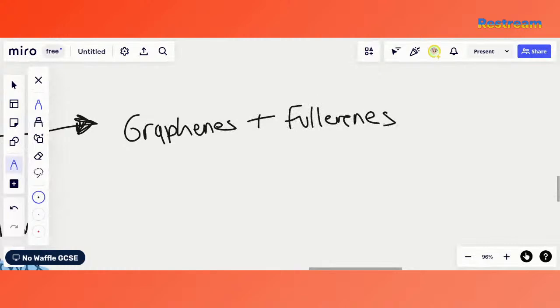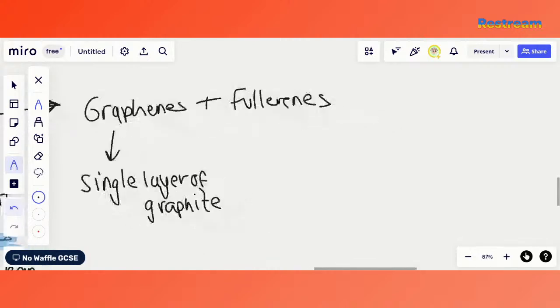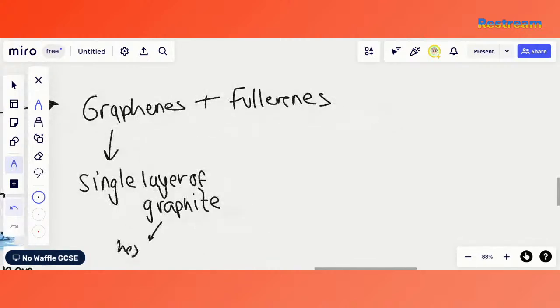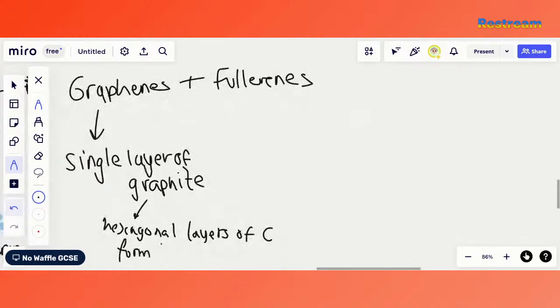So what is graphene? Graphene is a single layer of graphite. So remember, we said graphite has these hexagonal layers of carbon that form 3 covalent bonds and therefore can conduct electricity.